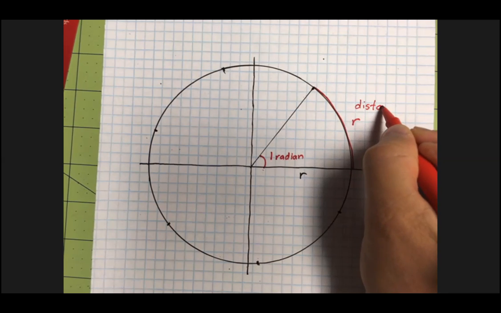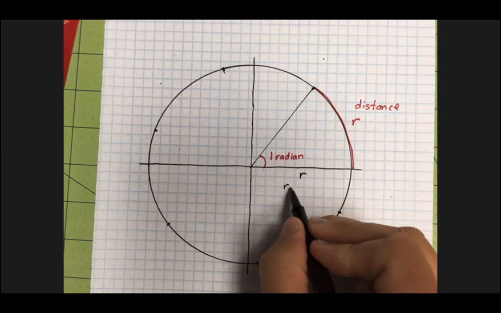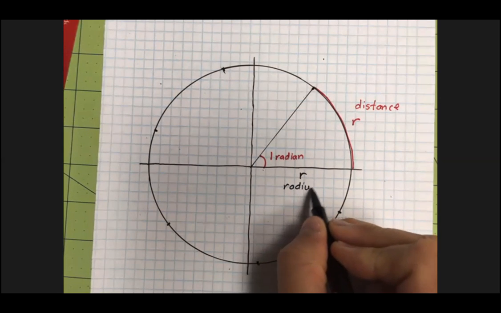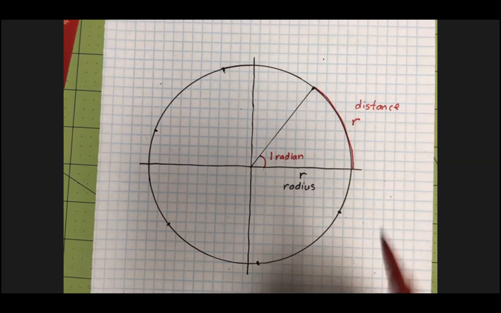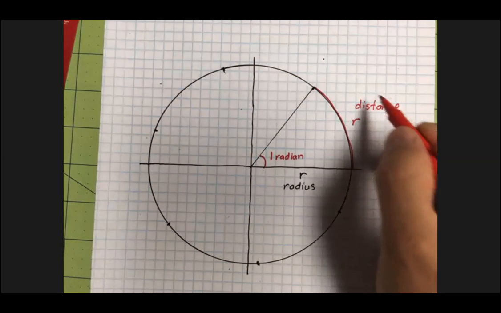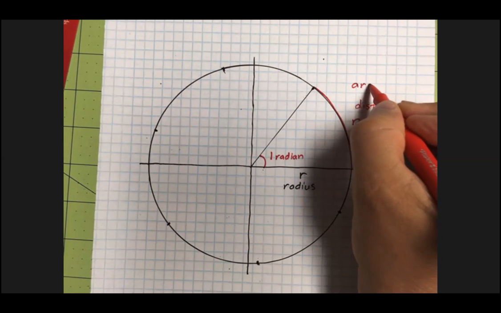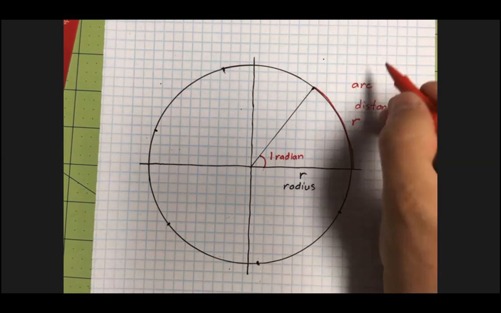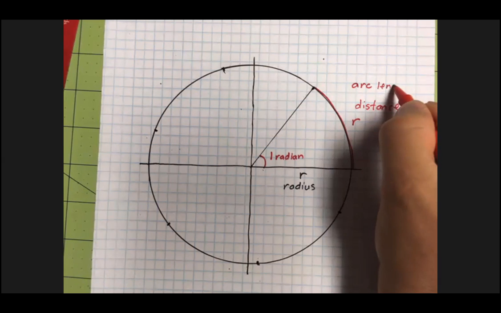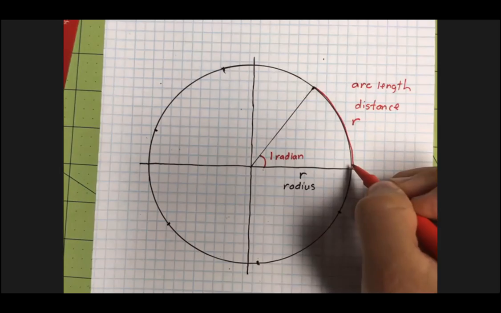This is the distance r, and this is the radius r. And to distinguish between the two of those, when we walk on the outside of a circle, that's called an arc. So the arc length, or distance that you walk on the circle, make that equal to r.